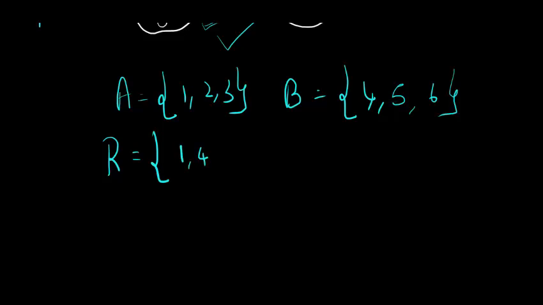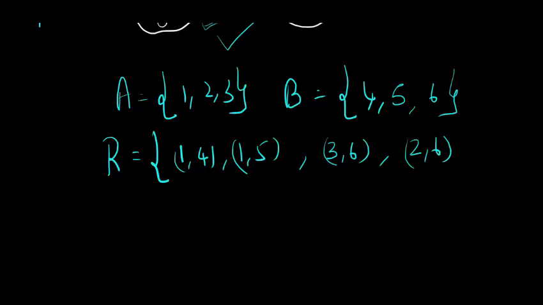Let's say (1, 4), (1, 5), then I have (3, 6), (2, 6), and (3, 4). So this is my relationship.